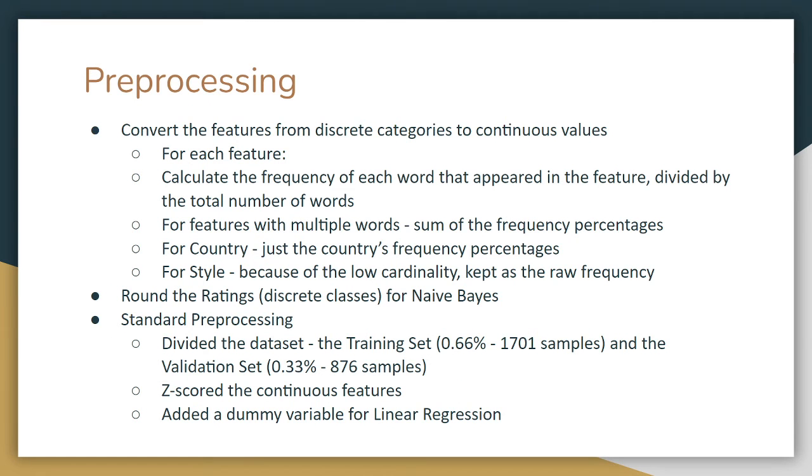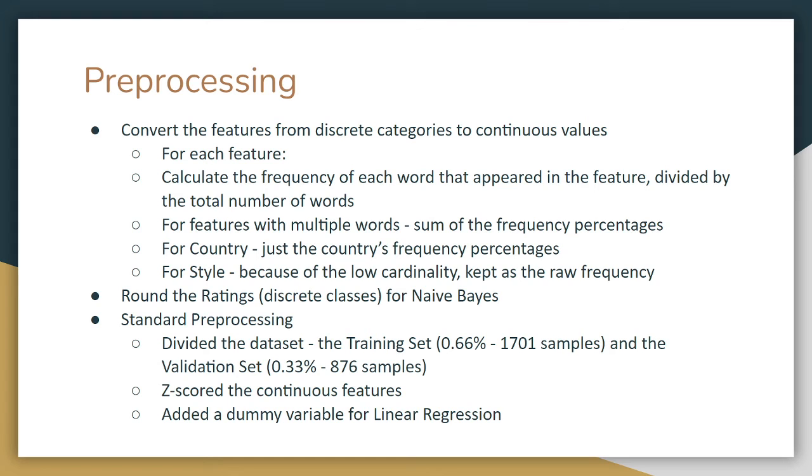Okay, so for the pre-processing, we first had to convert the features from categories to continuous values. For every feature, we calculated the frequency of every word we saw and divided it by the total number of words to get this kind of frequency percentage. For the features with multiple words like brand and variety, we had to sum the frequency percentages of every word that appeared.